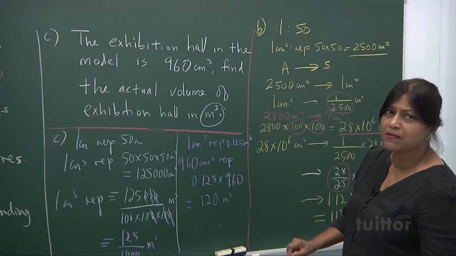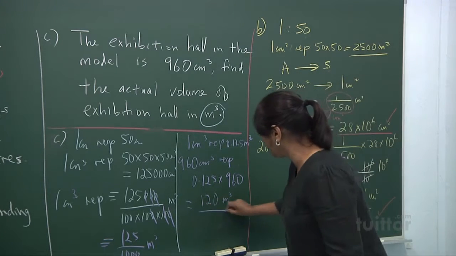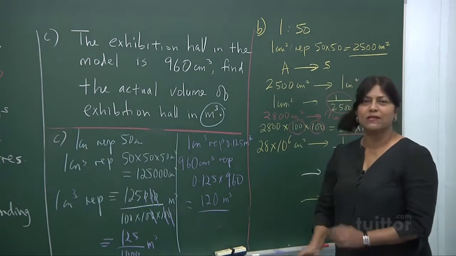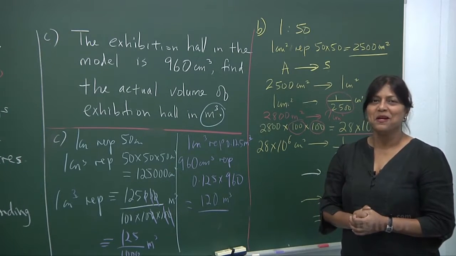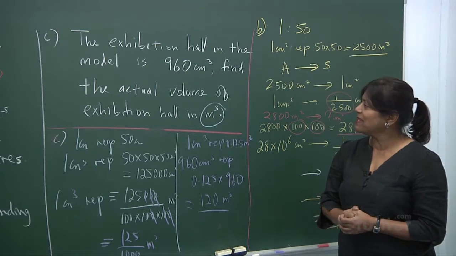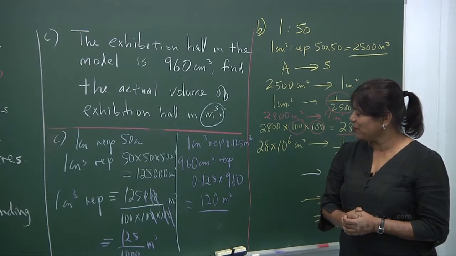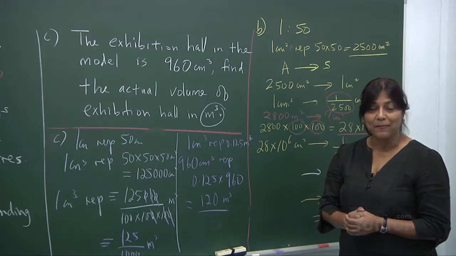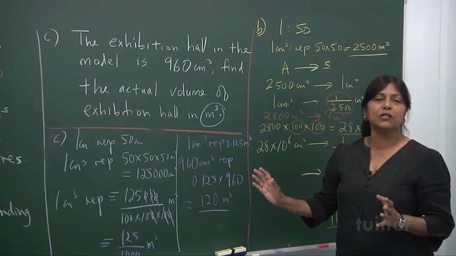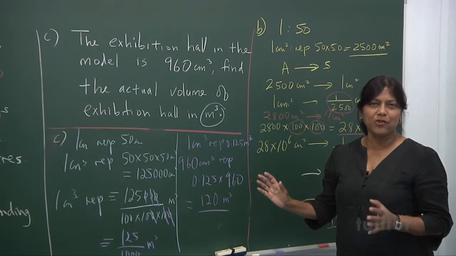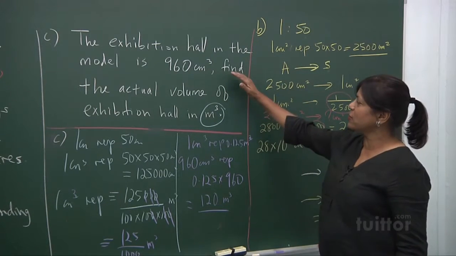That looks a little small. Maybe it's a small hall. The exhibition hall is pretty small, 120 meter cube. But this is what the sum is asking you. It gives you a visualization effect. You're able to visualize.